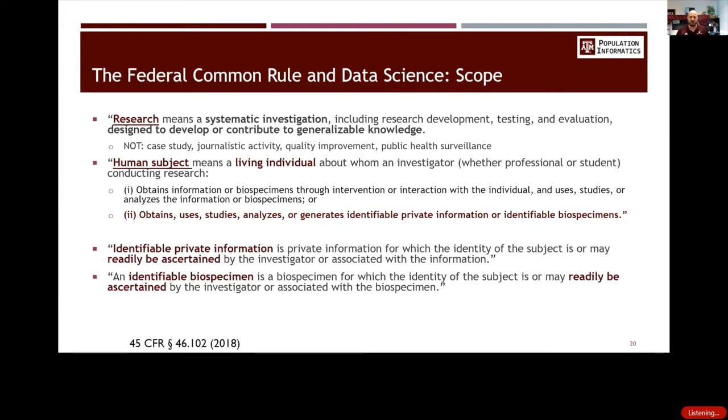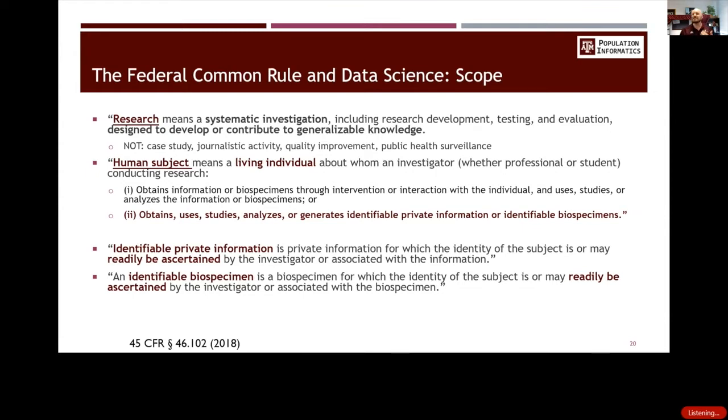Let's look at these two definitions a little bit more closely. When we're talking about identifiable private information, we're talking about private information where the identity of the subject can be readily ascertained by the investigator associated with this information.